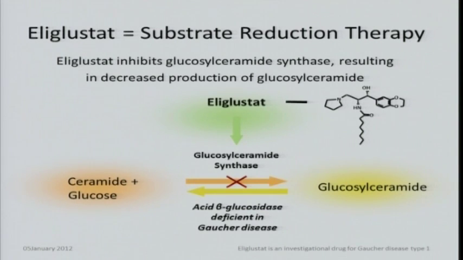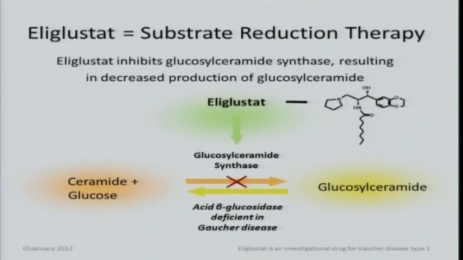We know that the missing enzyme is glucosylceramidase or glucocerebrosidase, and the product which accumulates is glucosylceramide. So here, if we can prevent this process, the glucosylceramide synthase, then we have less accumulation of the substrate. And if you have less accumulation of the substrate, maybe the body's residual enzyme can do its job.